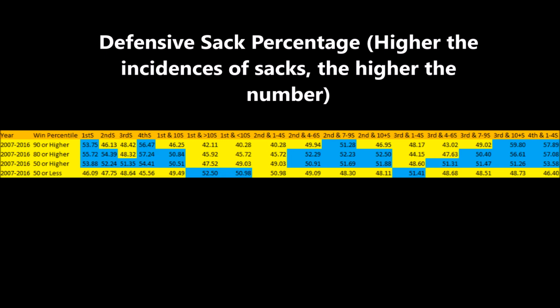And this is less data though. This is from 2007 to 2016. In the off season, I'll work on getting more data to this. But for the most part, sacks do matter to a certain extent, but they don't matter as much as stopping the pass does from a relative defensive standpoint.